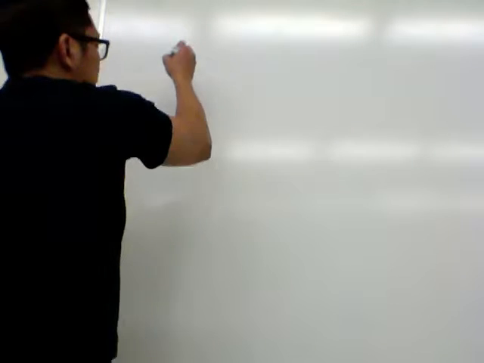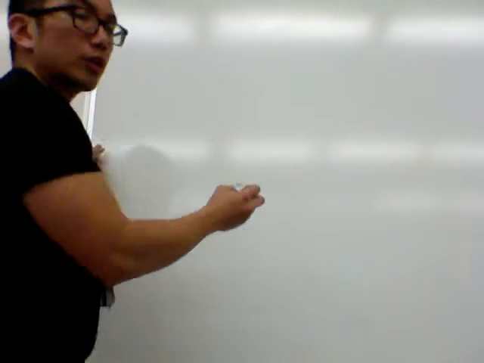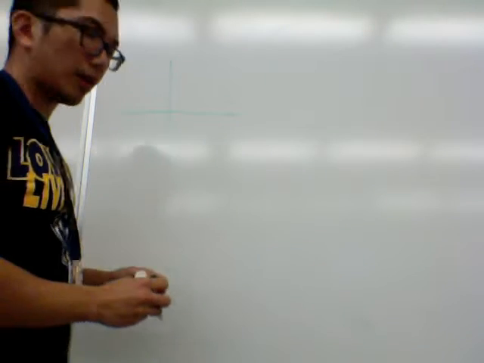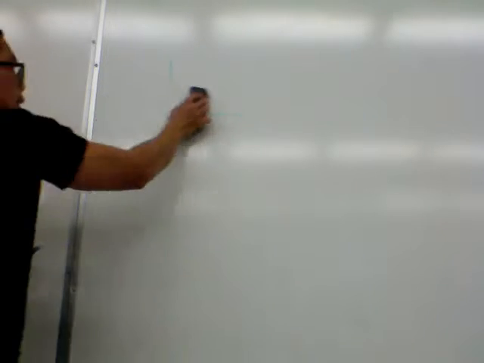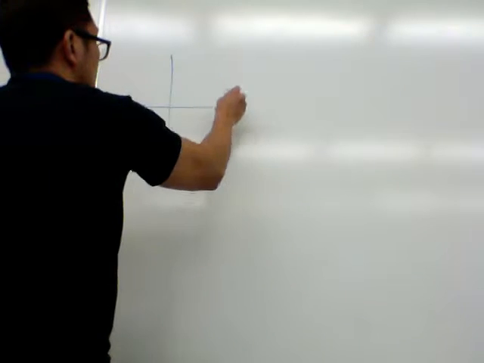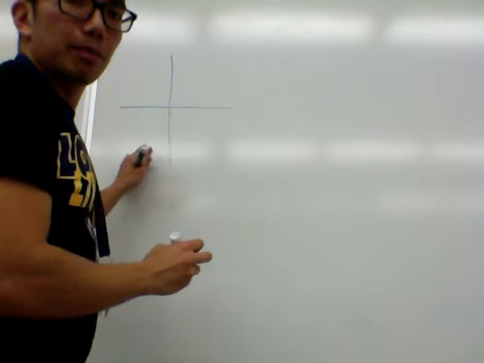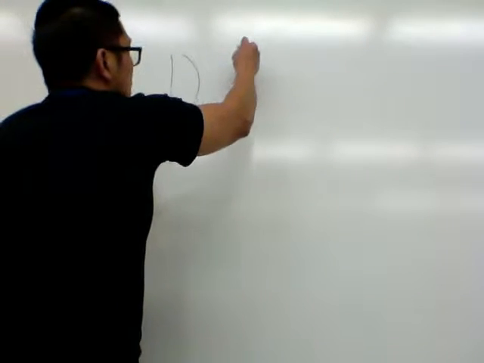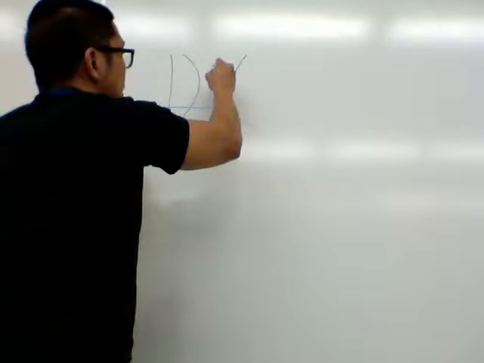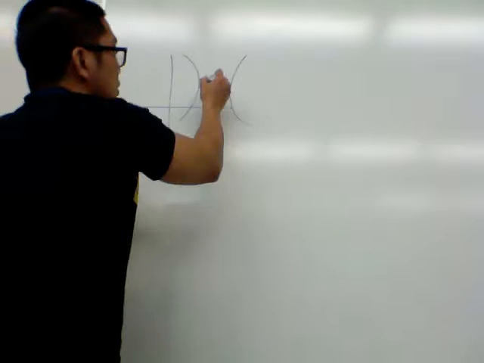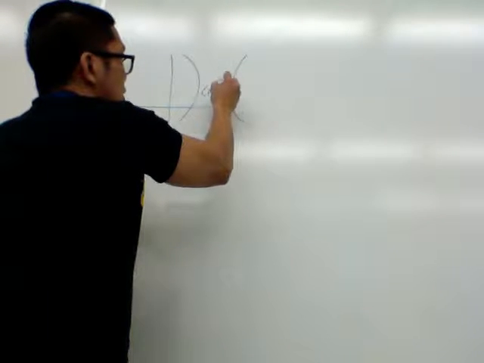If here's my coordinate axis, but let's say my center was not the origin. Let's say the center was right here. The center would have the coordinates (h, k).